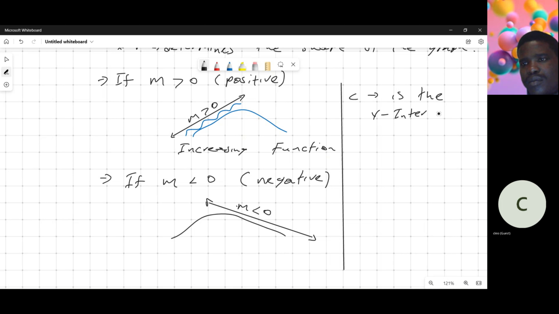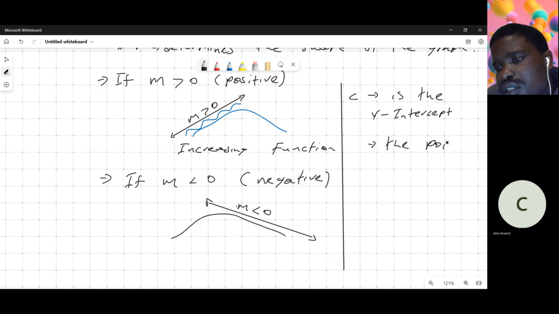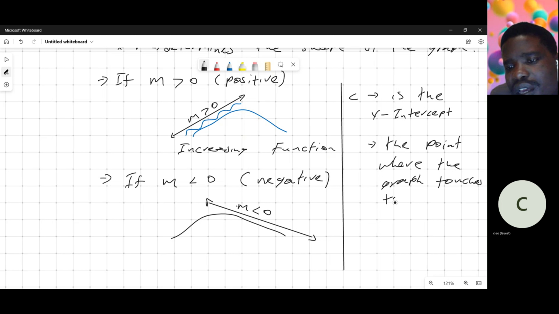When we say c is the y-intercept, we are saying c tells you where the graph will touch the y-axis, the point where the graph touches the y-axis. Not the x-axis, sorry, the y-axis.